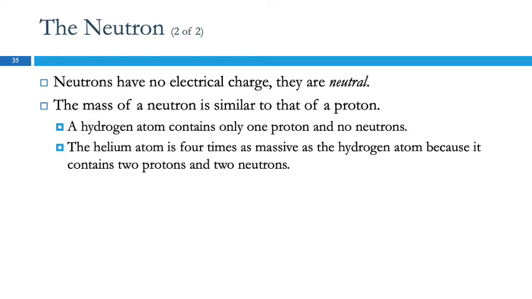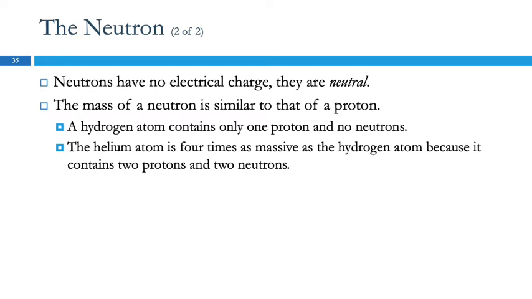Neutrons have no electrical charge, they're neutral. Protons are positive. Electrons have to be the other thing, which is negative. The mass of a neutron is very, very close to that of a proton.